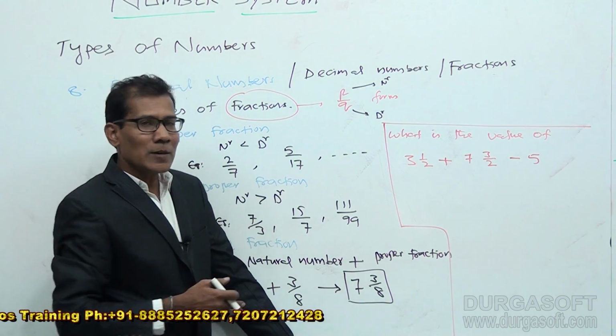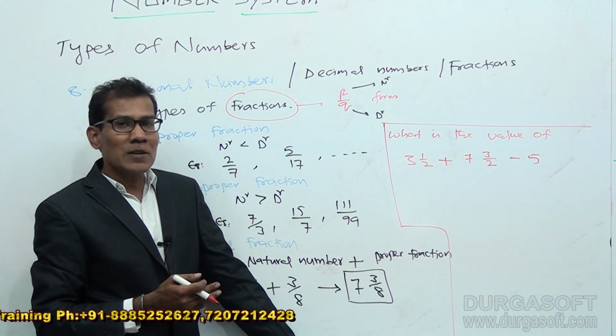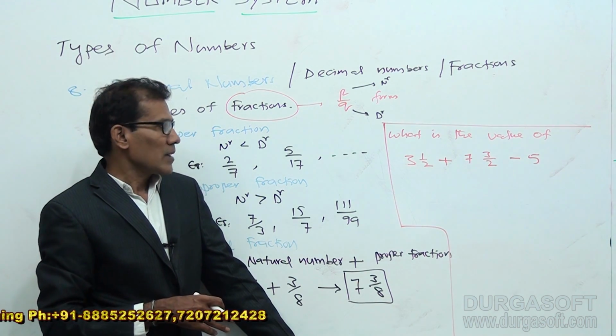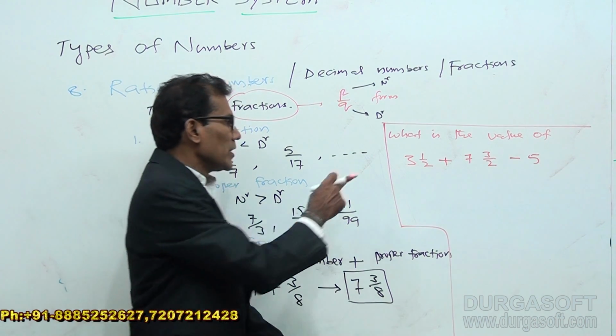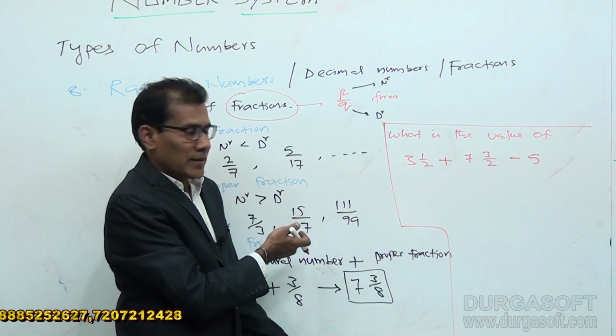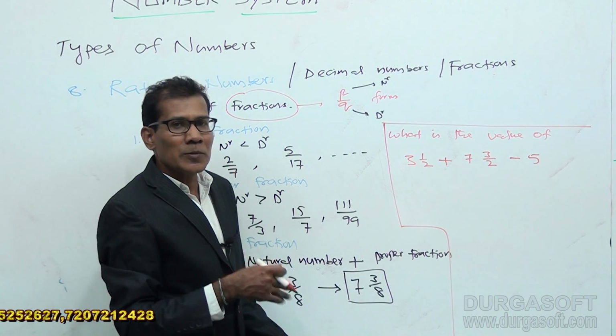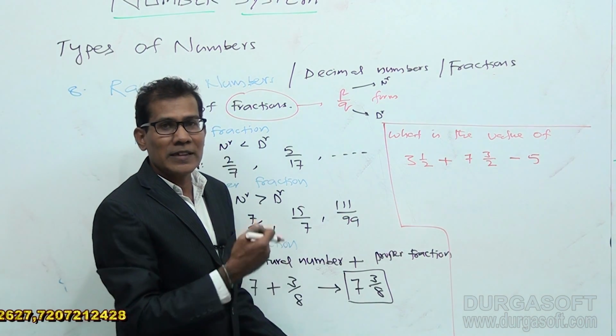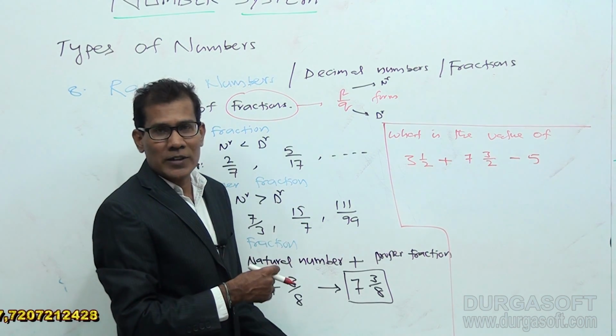Here it looks a little bit difficult. If we use some mathematical approach, it takes time. So for mathematical approach, we need to convert this into improper fraction. We'll learn later. And even 7 3 by 2 should be converted into some improper fraction. Then take LCM. It takes longer time.